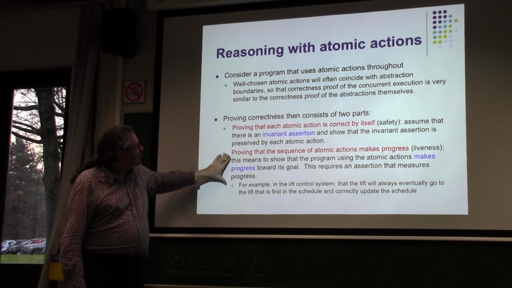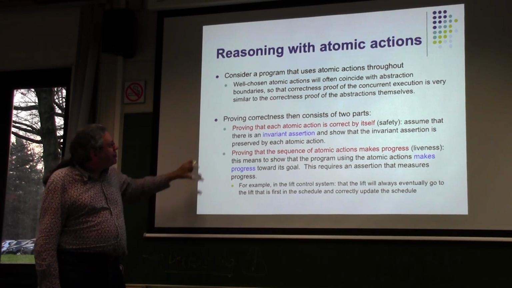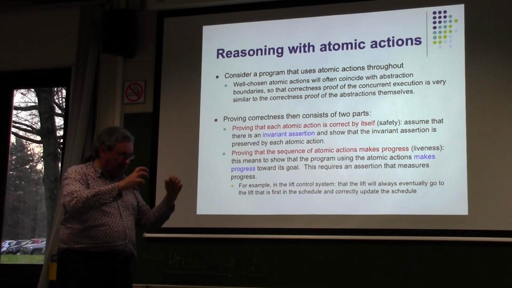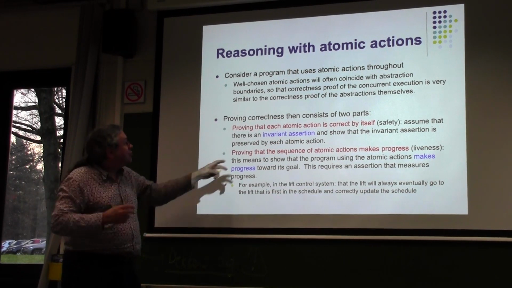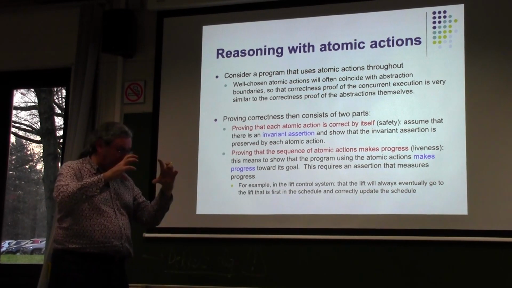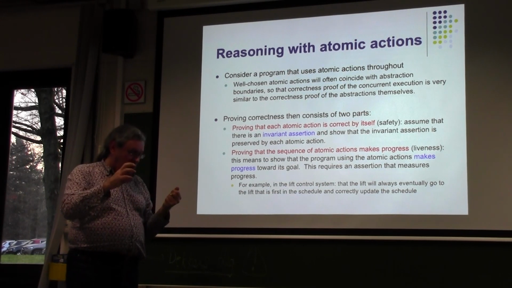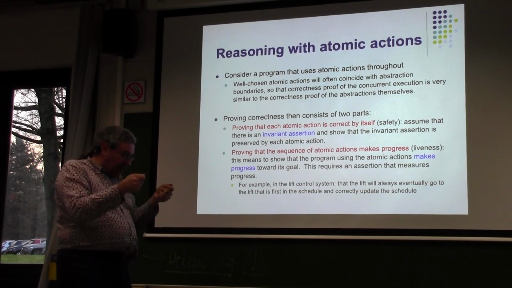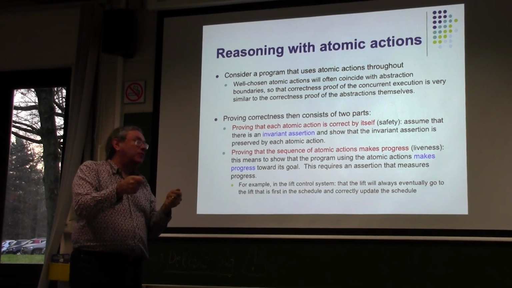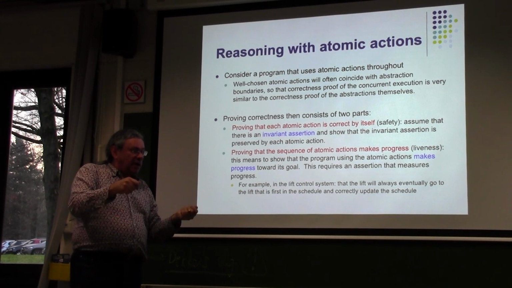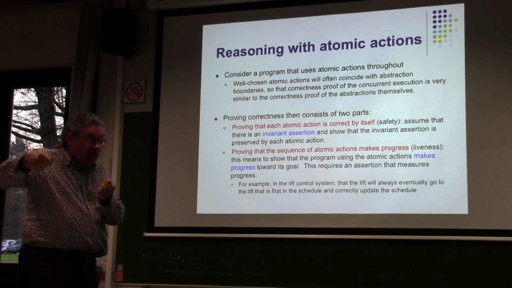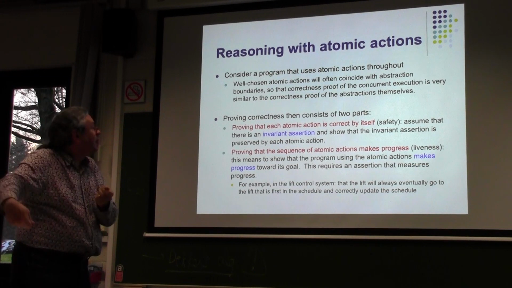And then there are two parts. First, each atomic action is correct by itself. So I enter and I exit, and usually there's an invariant. For example, I have a buffer, and the invariant is that there's a correct representation of some number of elements. If I do put, then afterwards there will be a correct representation of the elements plus the new element.